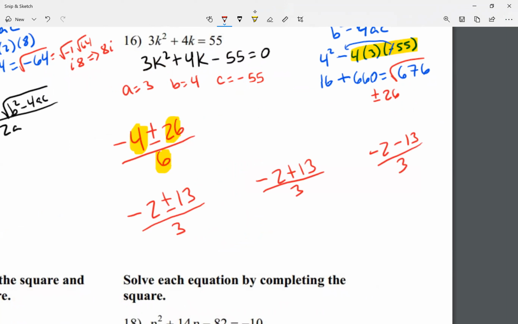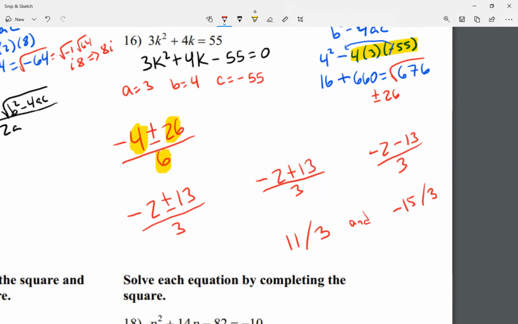So that means I should simplify my fractions. I know negative 2 plus 13, right? That's 11. So my first answer is 11 over 3. My second answer, negative 2 minus 13 is a negative 15. So I'm going to write this as a negative 15 over 3.